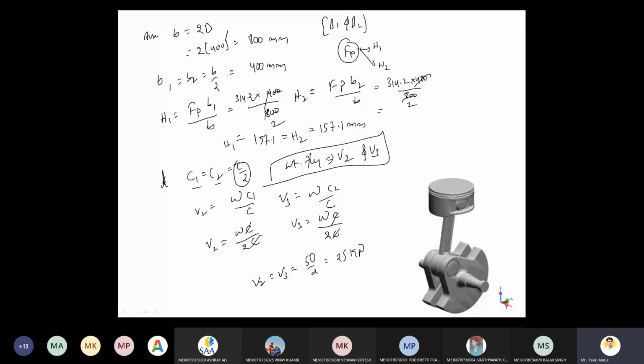Due to the belt tension, T1 plus T2, there will be two reactions, H2 dash and H3 dash.